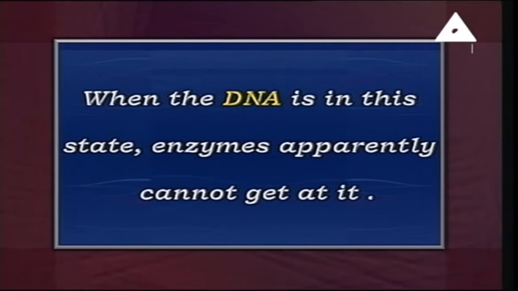So, imagine that a part of your DNA is missed or damaged and you need to repair it. This part of DNA will be unwound and become a straight line, because the enzymes cannot work with this kind of condensation.